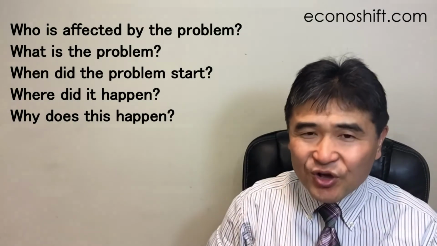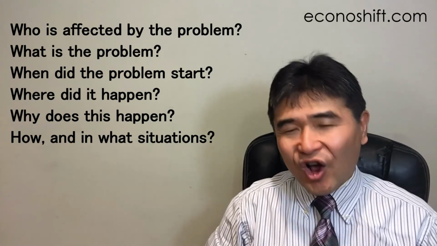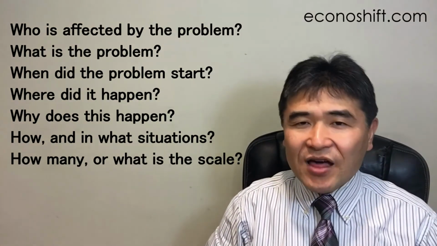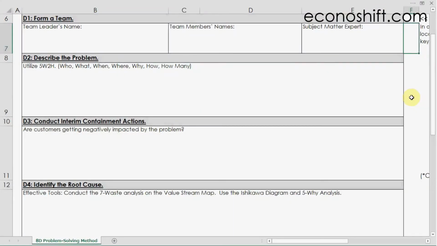Why does this happen? How and in what situation does the problem occur? How many or what is the scale and other quantitative information. Please write these answers here. The problems will become quite clear.